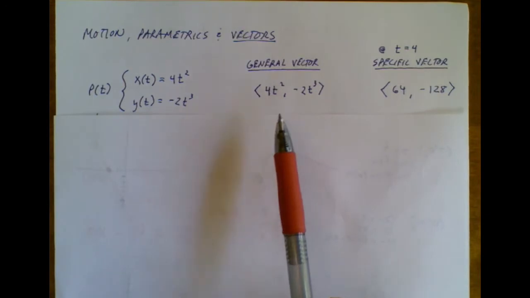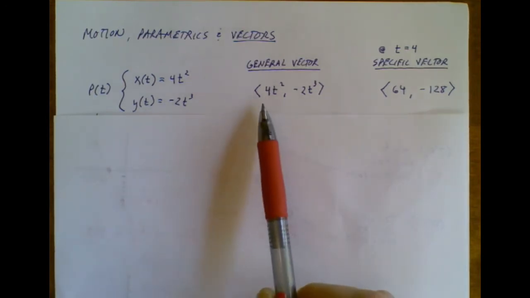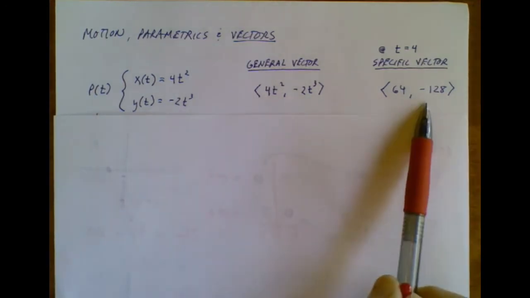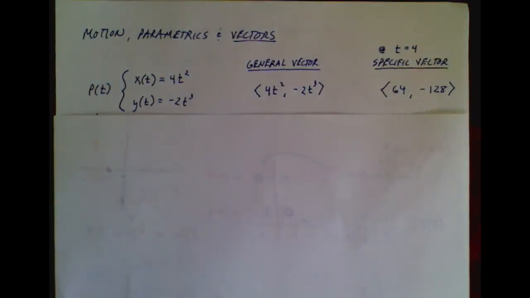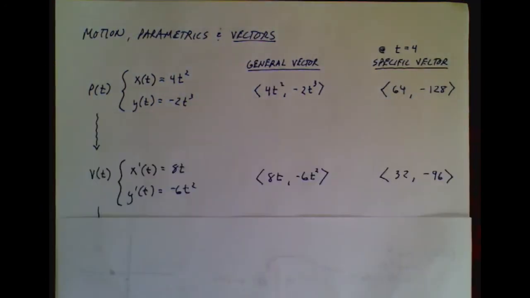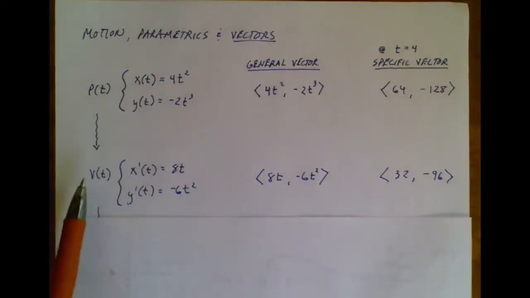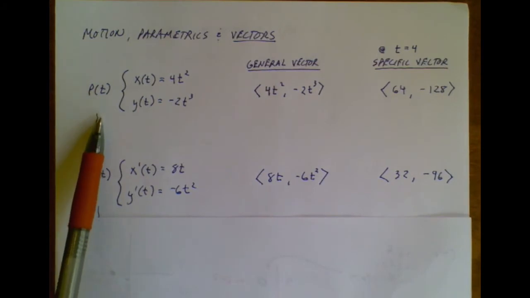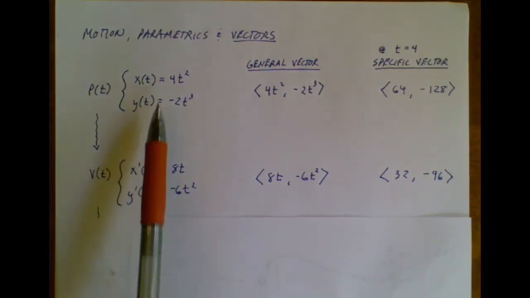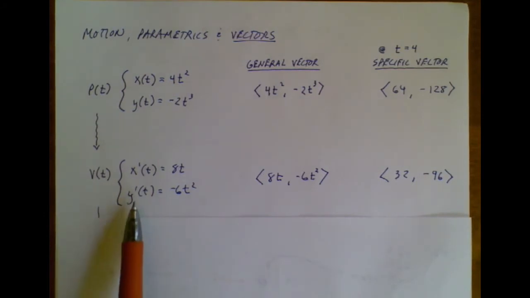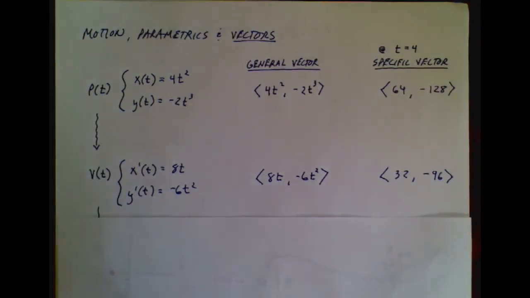So be careful if you're ever reading through a situation. Are they in search of a general vector or a specific vector? Now I know the location of my particle. Well, of course, calculus doesn't change. Thank you, Newton and Leibniz. So the derivative of position gives me velocity. So I could use this type of notation to say I've taken the derivative of my position locations.